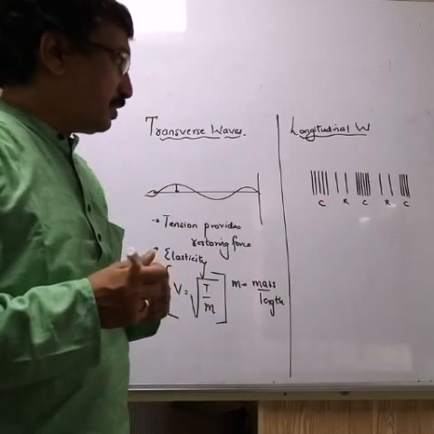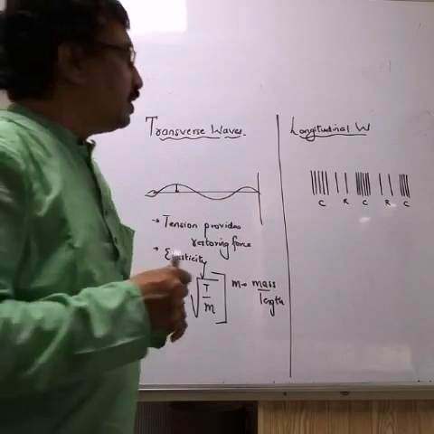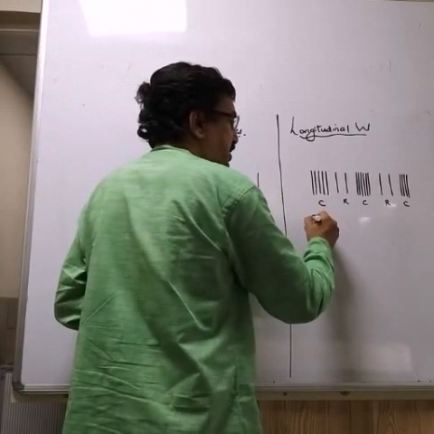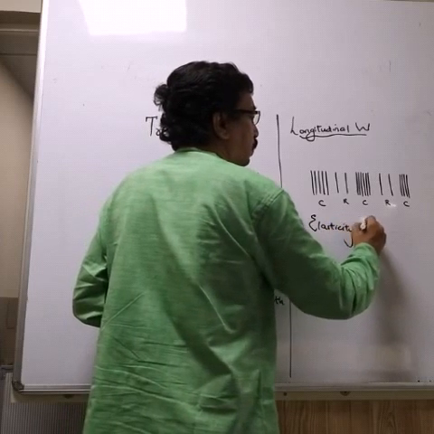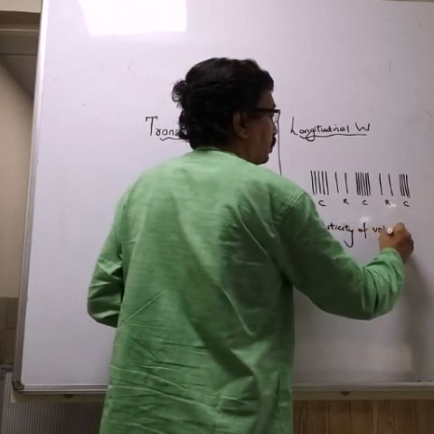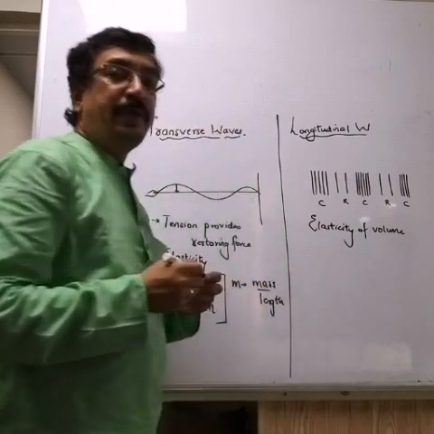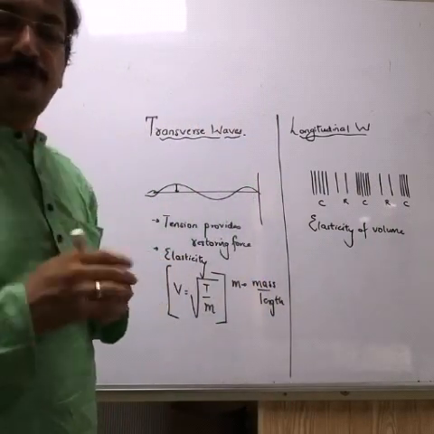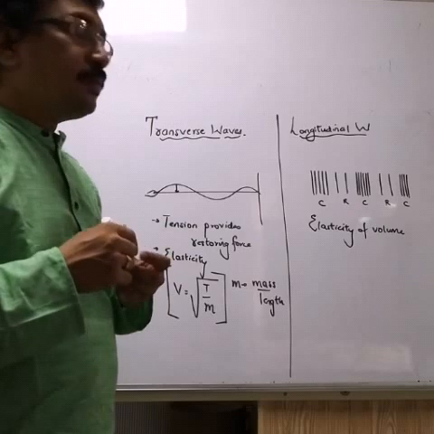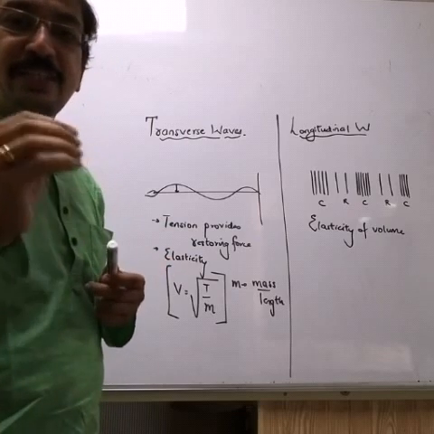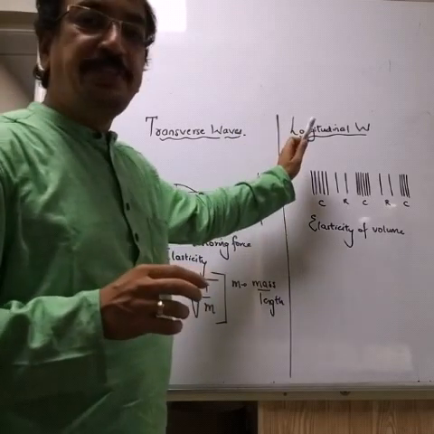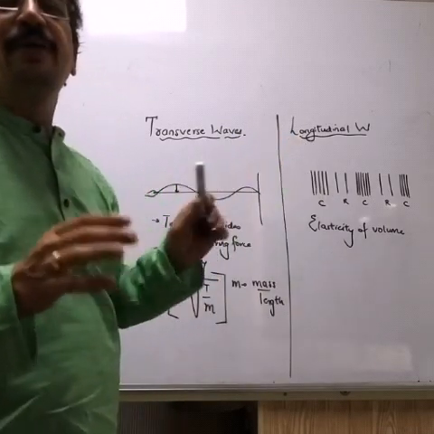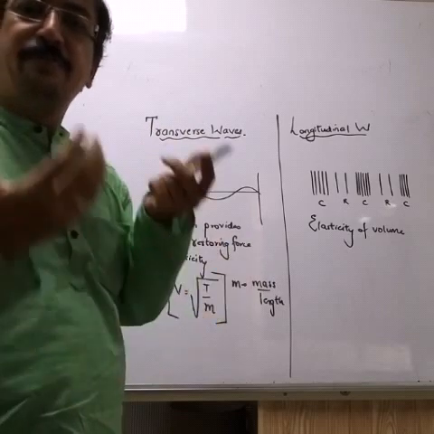Further, what you have to understand here is that the medium should possess elasticity of volume. Now Sir Isaac Newton gave the formula for velocity of longitudinal waves, maybe in air or any other medium.